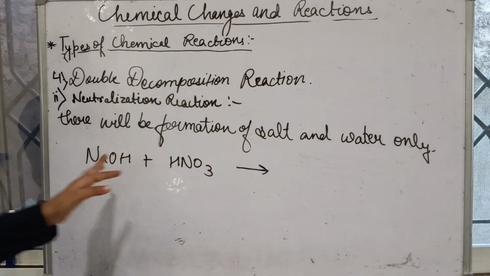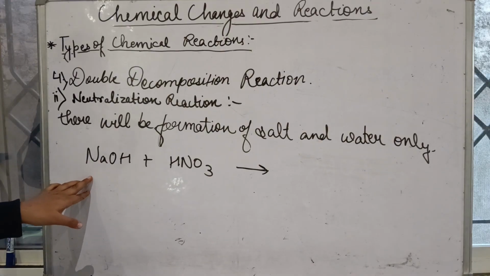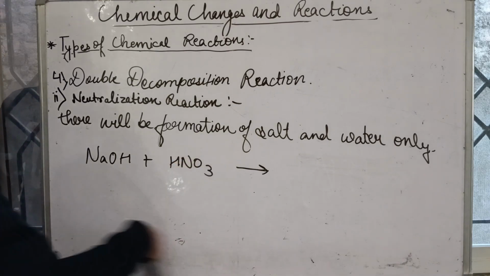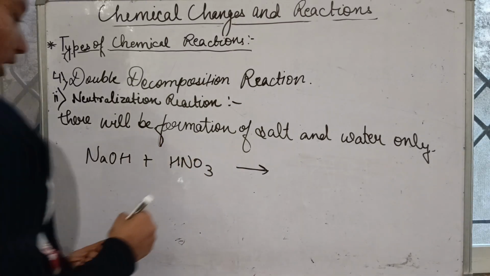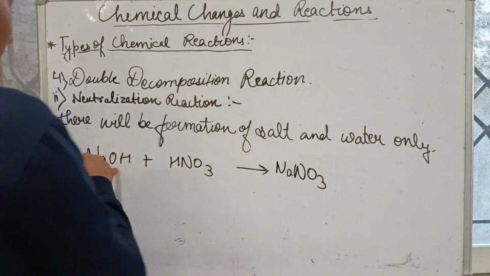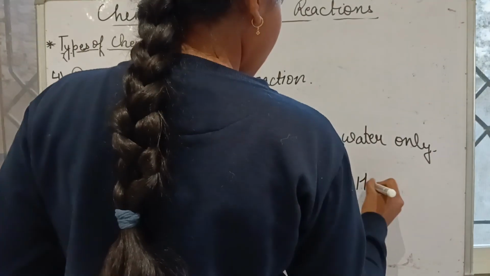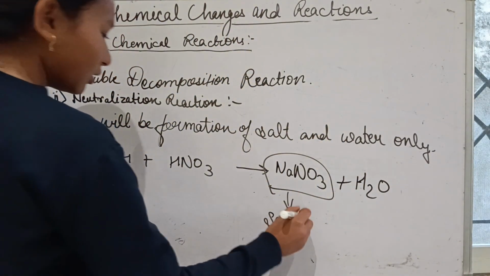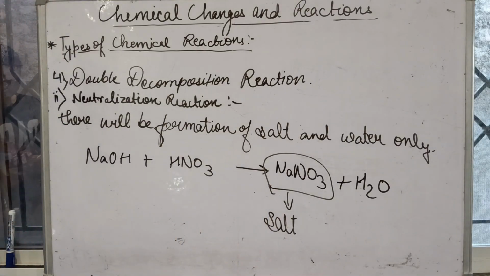None is the metal over here. So sodium being powerful here, most reactive, wants to take this nitrate. So it will form NaNO3 with H2O. Means that this is the salt over here. This is only the condition for the neutralization or double decomposition reaction.